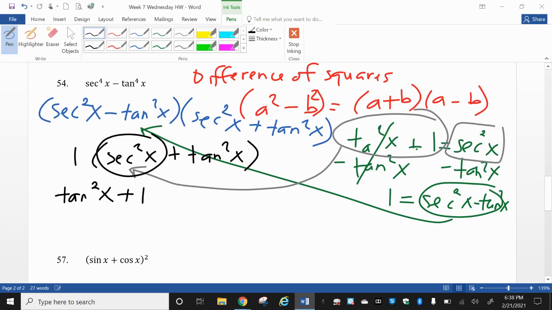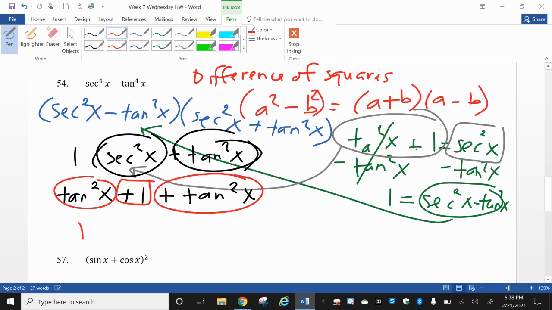Again, that replaces all that. And then plus tangent squared of x that was already there. And we'll combine like terms. So the constant goes by itself. And then one tangent squared of x plus another tangent squared of x is going to give us 2 tangent squared of x. Okay, that'll be the final answer. I will say this problem is probably one of the more complicated ones.